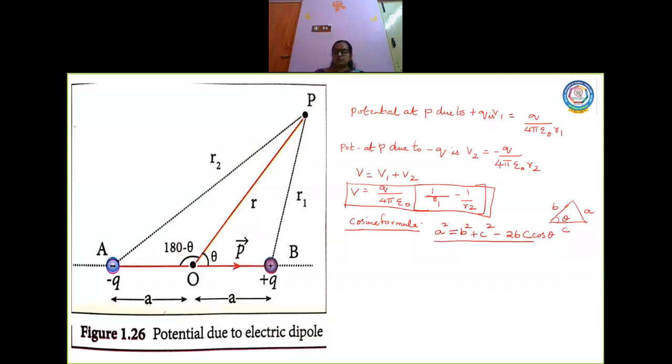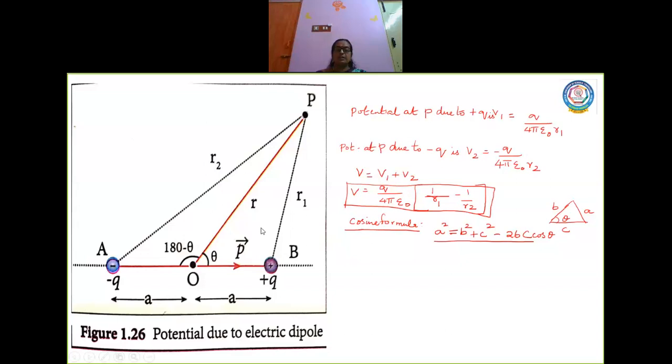So now come back to this triangle to find out the value of r1. I'm going to apply the cosine law to this triangle. This side is r1. a is replaced by r1, b is replaced by r, and c is replaced by a.